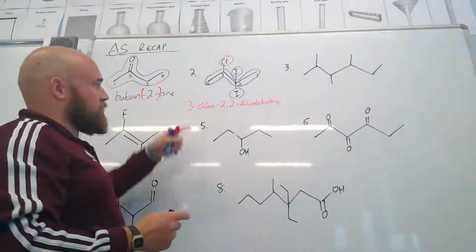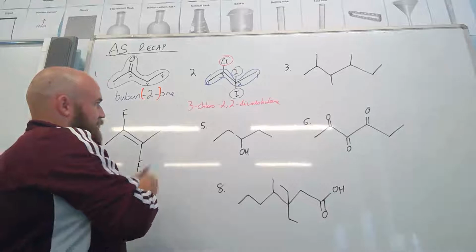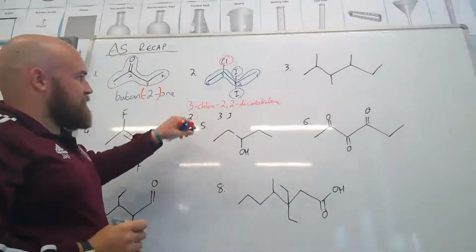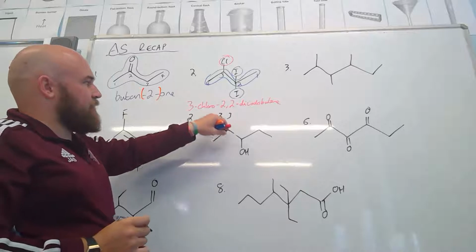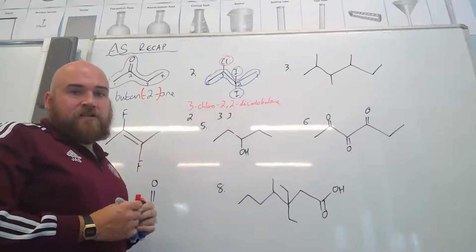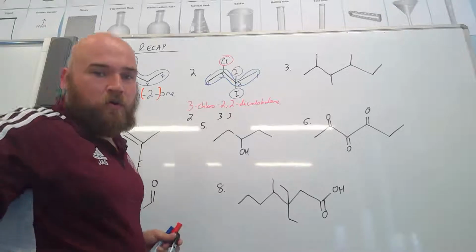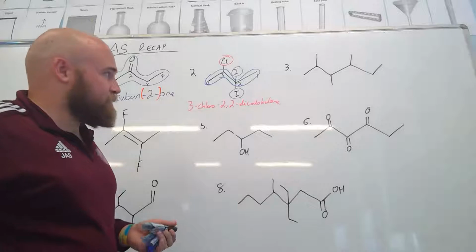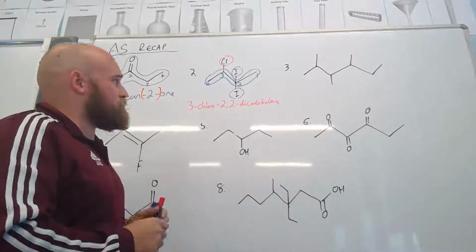If it was the other way round and it was 2-chloro-3,3, you can see that the numbers here are slightly bigger. You've got 2 3s and a 2, which is bigger than 2 2s and a 3. So again, try and keep the numbers as small as possible. And general rule, if there's multiple branches, number from the end nearest where there's more.